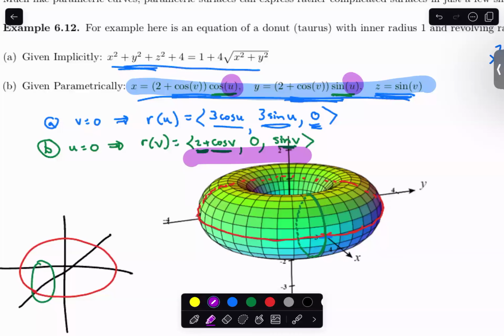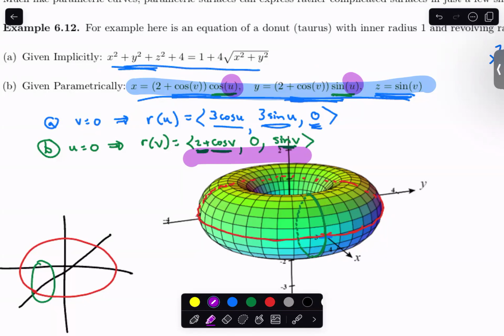And now this is just a parameterized curve, because now there's only one variable. When there are two independent variables, you're going to have a surface. When there's only one independent variable, you're going to have some curve in space. So in this case, we can see that the y is constant. It's just 0. But the z is changing.